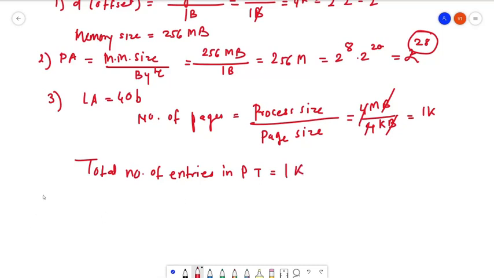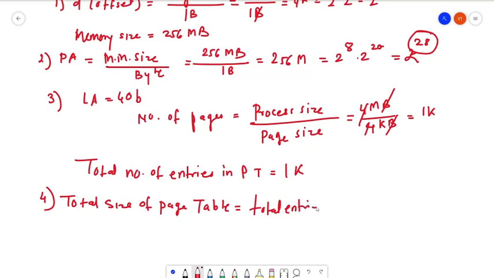Okay, now the last part is what? We want to calculate the total size of page table. So total size of page table is equal to how much? What is the formula which we have seen in the last lecture? Total entries in page table into size of each entry.